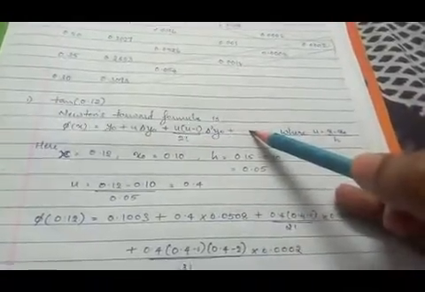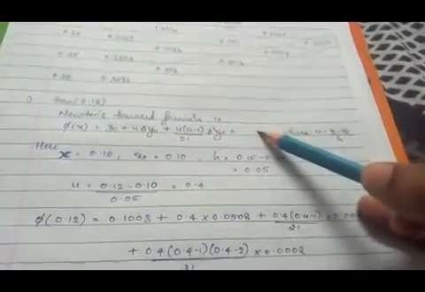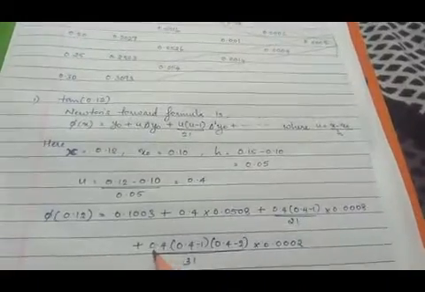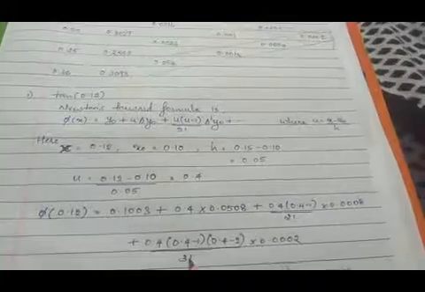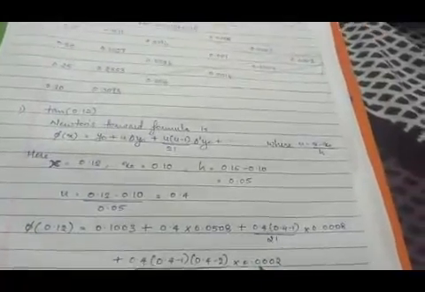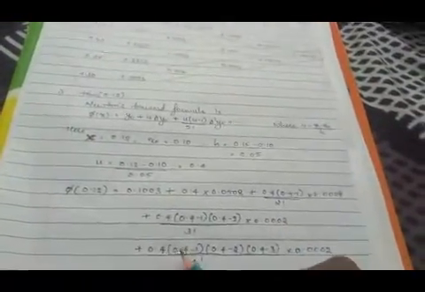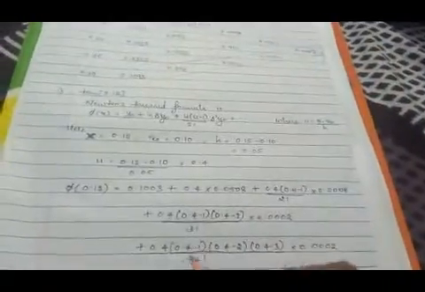So the next term will be u into u minus 1 into u minus 2 by 3 factorial, where u is 0.4, so 0.4 into 0.4 minus 1 into 0.4 minus 2 by 3 factorial into delta cube y0. So just take the next value. So substituting that, we'll get this. Then the next term, since we have delta raised to 4 y, we have one more term.